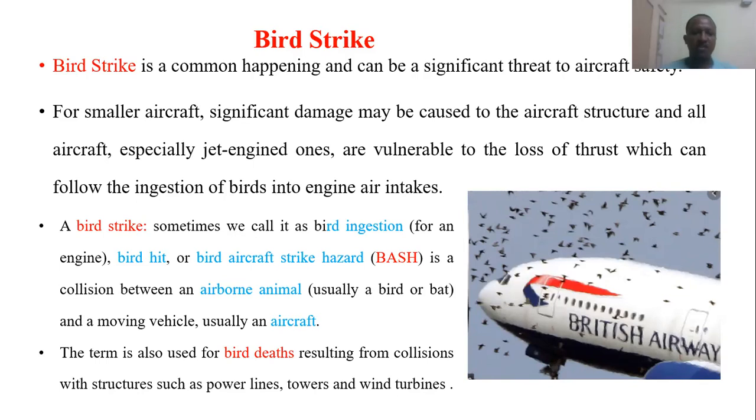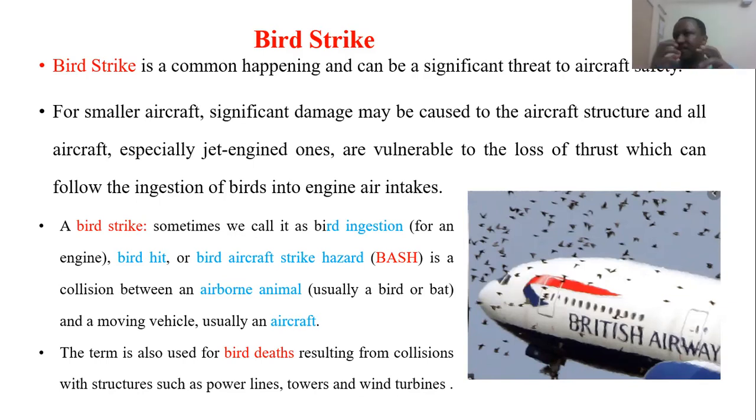The term is also used for bird deaths resulting from collision with structures such as power lines, towers, and wind turbines.